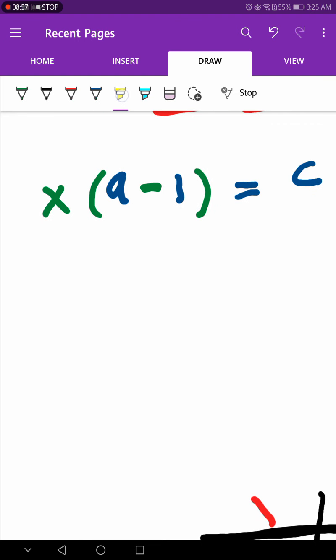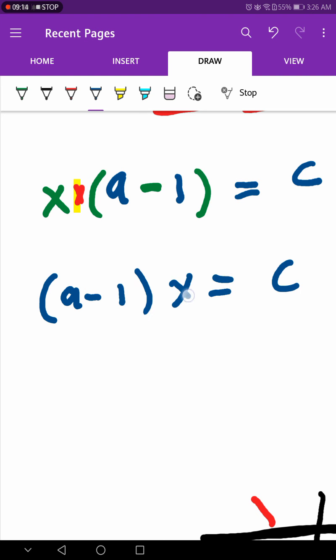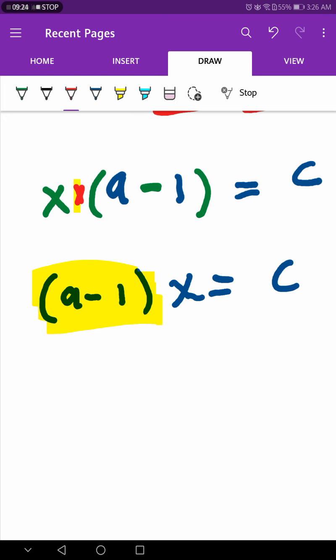Now, what is the coefficient of x? Okay, you can write it like this, or you can write it as coefficient like this. It is the same. Why? To tell you that this thing is the coefficient of the x. So all of the time we divide by the coefficient.